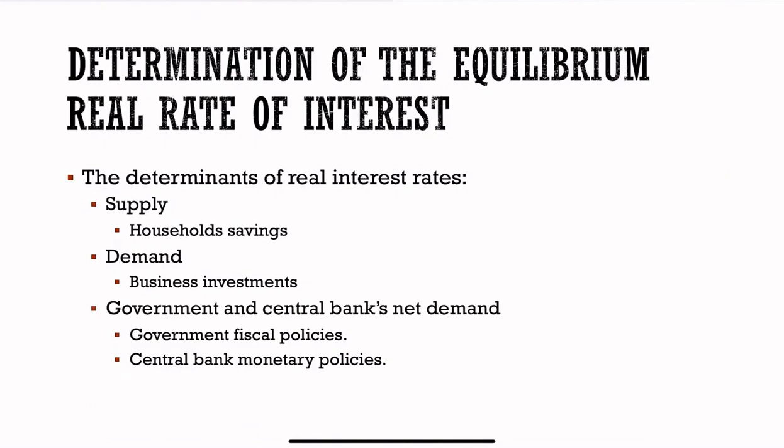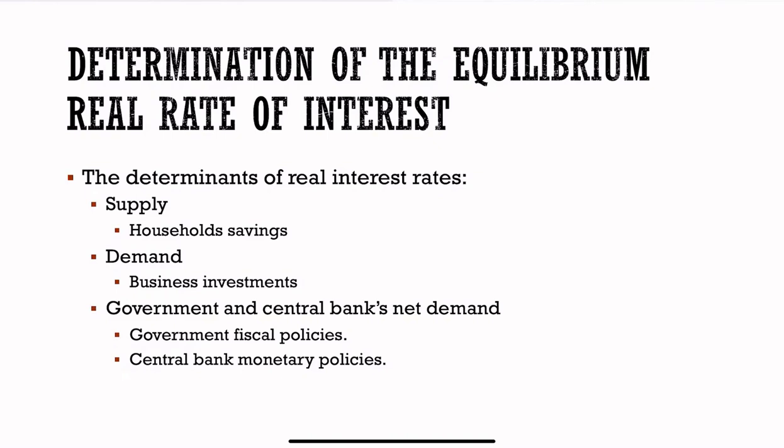So it will basically be determined by the supply of money and the demand of money. Right? So you can see that households actually supply money through their savings. Now, who demands money? Well, business, right? If they want to make investment, then they have to borrow money.